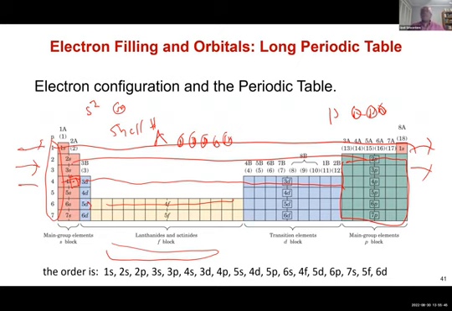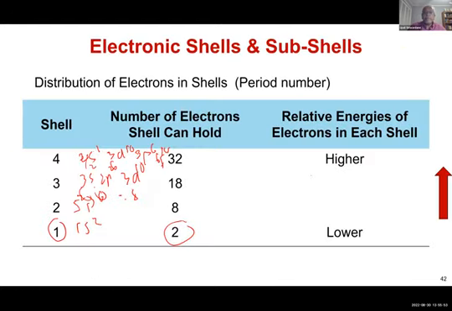So 18 of them. So you can see in each period how many orbitals are there. Therefore, the number of electrons in that shell is given.